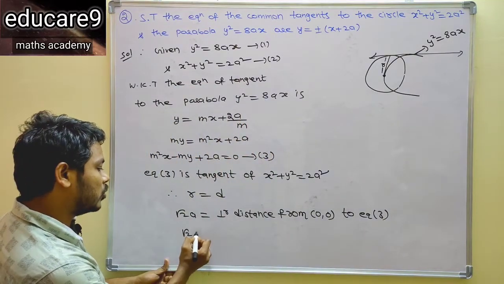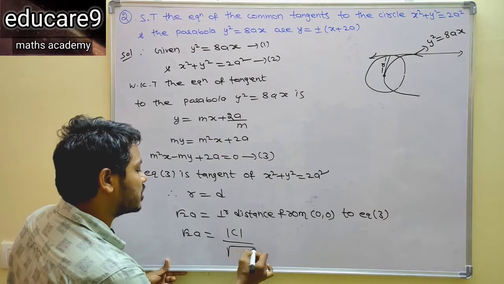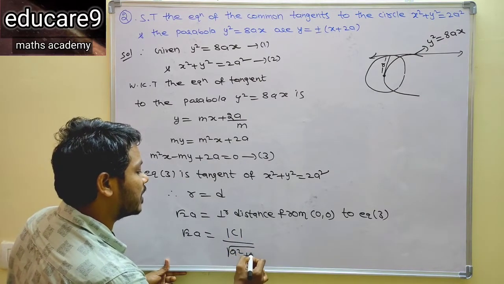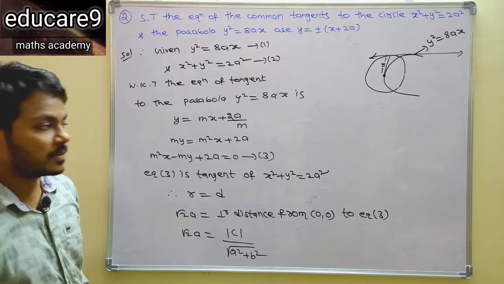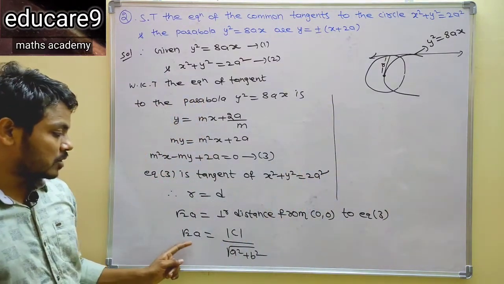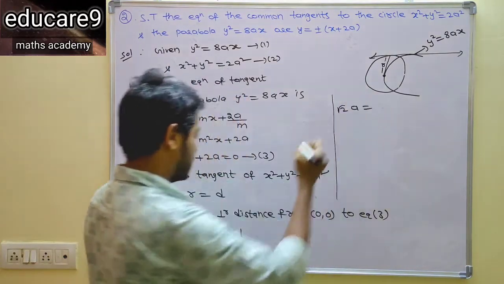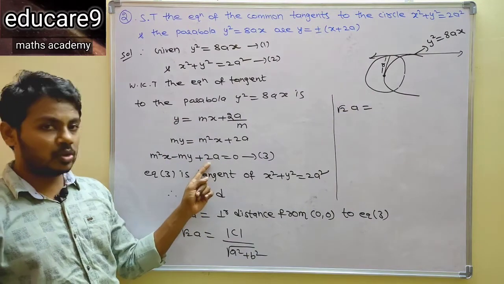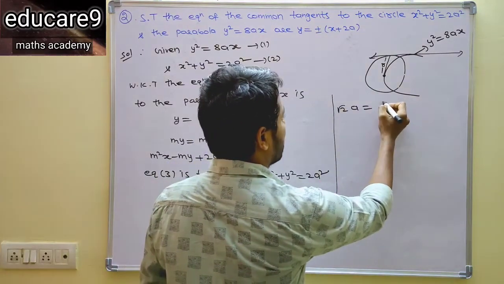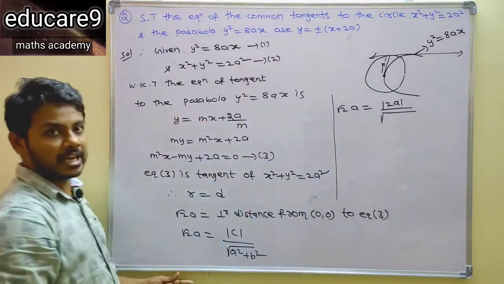Therefore root 2a is equal, formula is what? Mod c by square root of a square plus b square. Now this is root 2a is equal to, c is what? 2a. So divide by square root of a square plus b square.